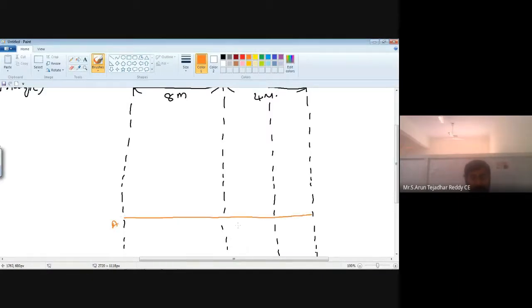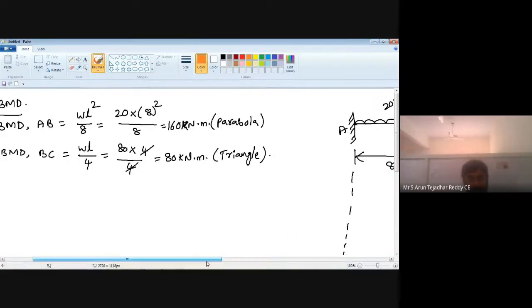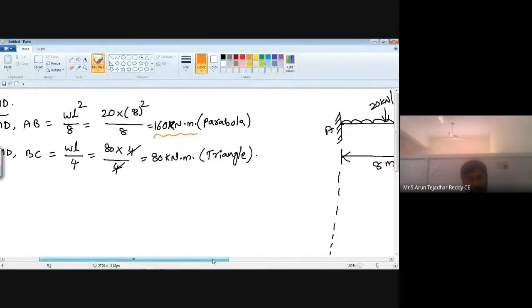A, B, C. Okay. See, first one is A to B. Just now your friend said the shape is parabolic shape. Value is 160. So first of all, draw the maximum bending moment diagram for AB span as well as BC span.